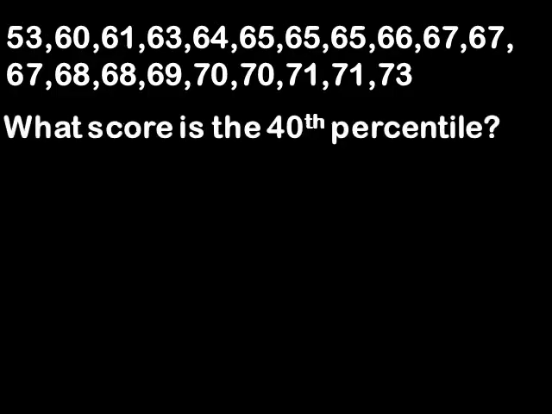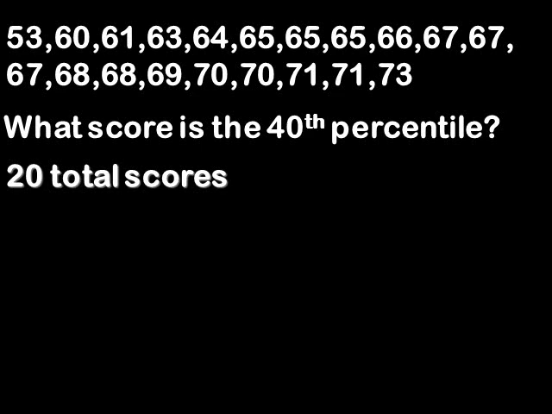Given this data set, what score is the 40th percentile? We have 20 total scores. So the first thing you want to do is count how many data values you have. Then you're going to multiply that by the percentile. 20 times 0.4 is going to give us 8.